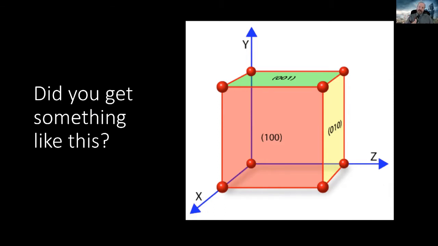So that defines a direction. It's kind of like saying north. If I take one step in X and one step in Y, and then I connect those two dots with a vector, then I've gone into the 1, 1, 0 direction, and so on.